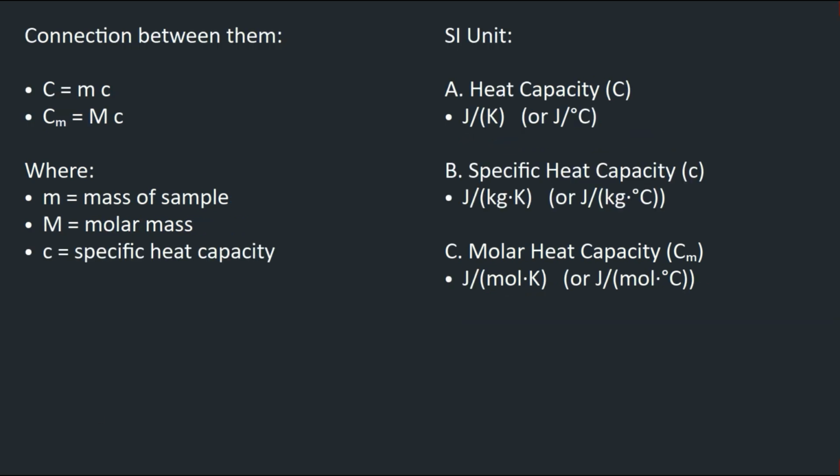So first thing is, you might be confused between C, Cm and small c. Capital C is m times small c. Cm is capital M times small c. Small m is to do with the mass of the sample. Capital M is to do with the molar mass. And small c is the specific heat capacity.